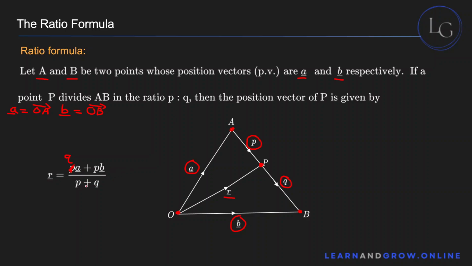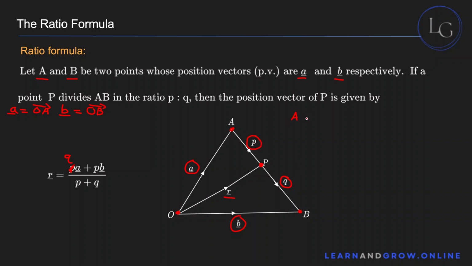How do we come to this conclusion? Well, simple. It says that this point P divides AB into two parts, p and q. So the vector AP divided by the vector PB is obviously equal to p over q, right?